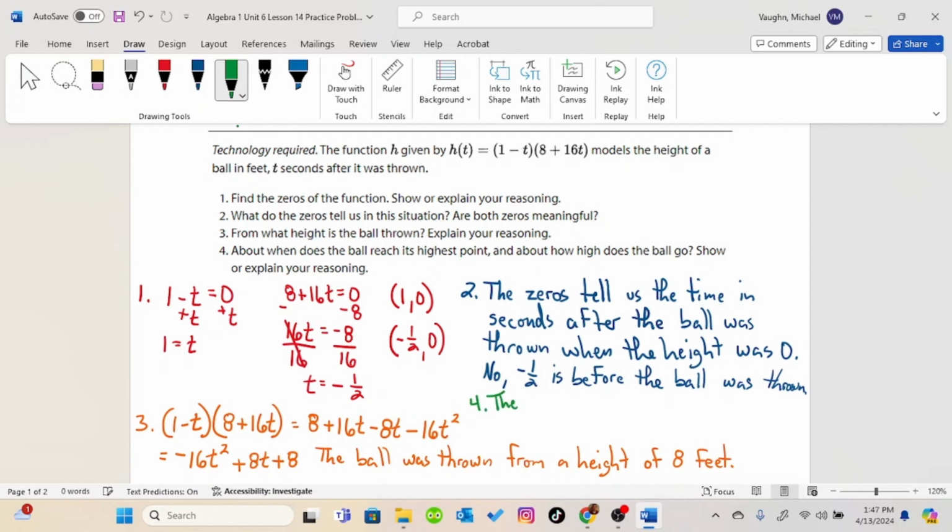So the ball reaches its highest point one-fourth seconds after throwing.